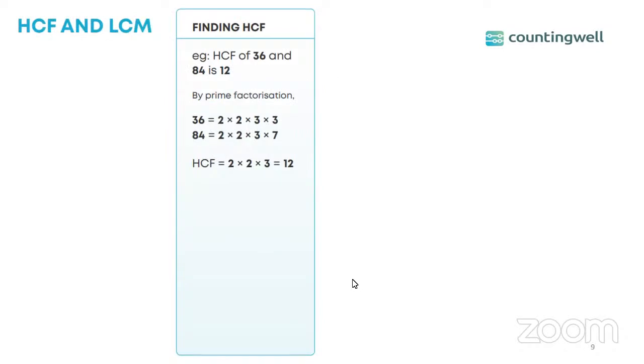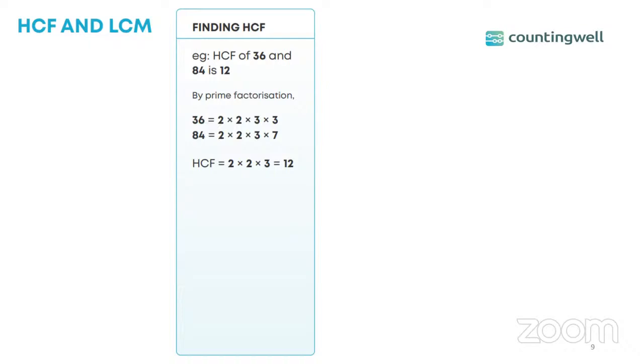Now let us find the HCF and LCM. Let us see how to find the HCF of two numbers, 36 and 84. Let us factorize 36. We can see 36 can be factorized as 2 into 2 into 3 into 3.